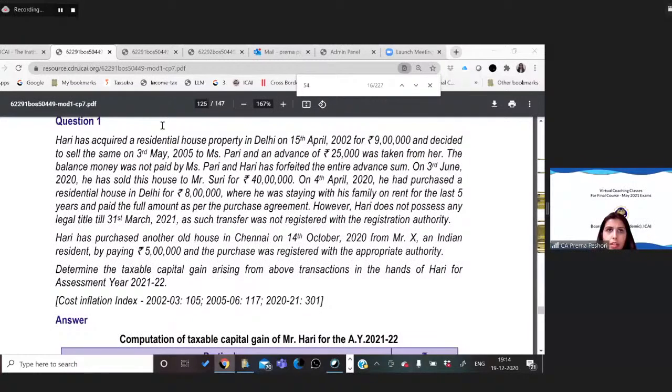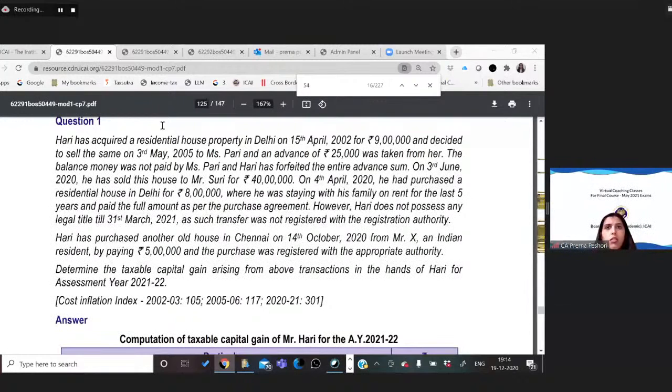Ambika, you've just computed the capital gain, but you have not taken into consideration the exemptions. Anjali, no.